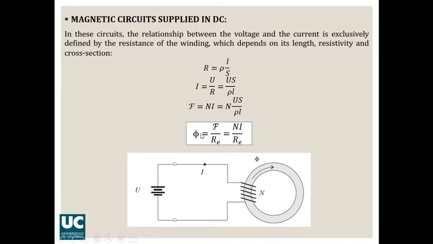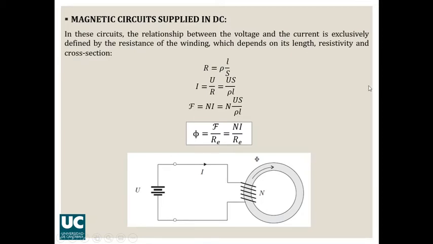And finally, the magnetic flux is going to be the electromotive force divided by the reluctance, or the number of turns multiplied by the current and divided by the reluctance. So as you have seen, when we are in a DC current, the first step is to calculate the current, the second one is to calculate the electromotive force, and the last one will be to calculate the magnetic flux.